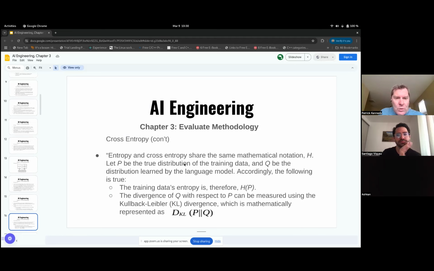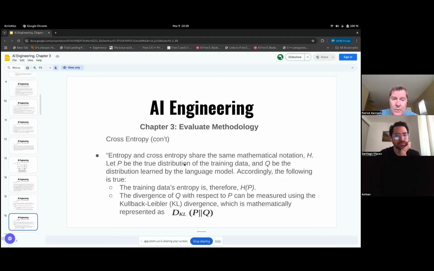Okay, so now cross entropy continued. Entropy and cross entropy share the same mathematical notation, H. It all goes down to entropy, and then it's how many sets you're using. With entropy, you basically are using P. Let P be the true distribution of the training data, and Q be a distribution learned by the language model.